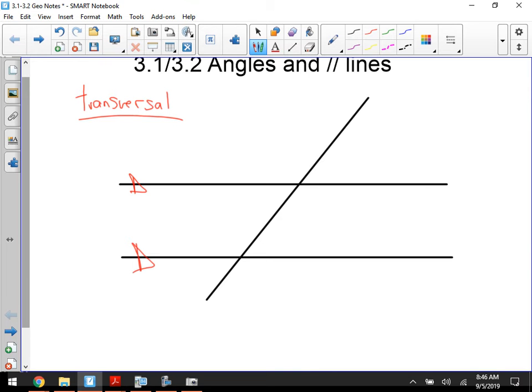So the idea here is this thing, like Mr. Snow was talking about, what's a transversal. A transversal in our case, like she was saying, cuts through. Think of it as a line that cuts through two or more lines.